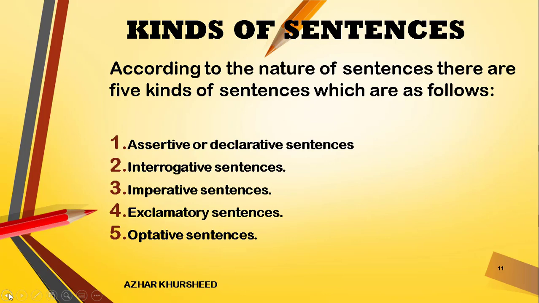Let me tell you one thing over here: in general you'll find 4 kinds of sentences because exclamatory and optative are combined together. But in a few books, they're differentiated from each other due to a few things, and according to a few books, there are 6 kinds of sentences. But in general, as there are 5, I have taken these 5 to tell you.